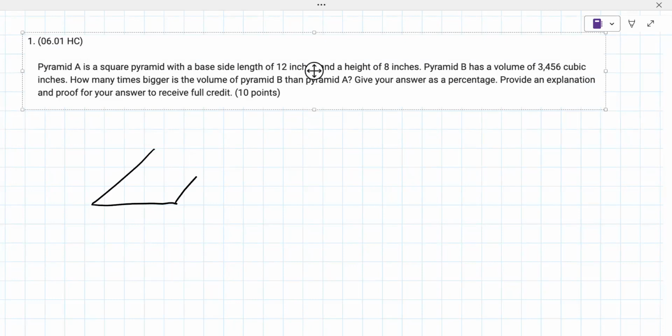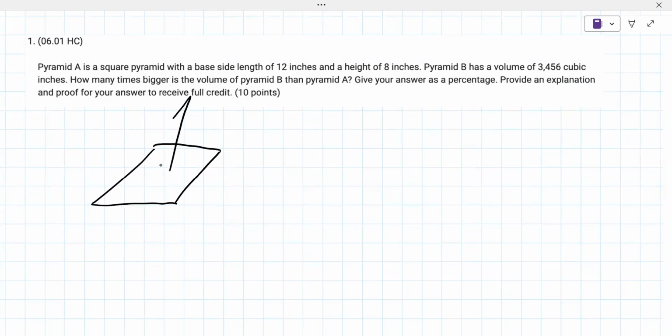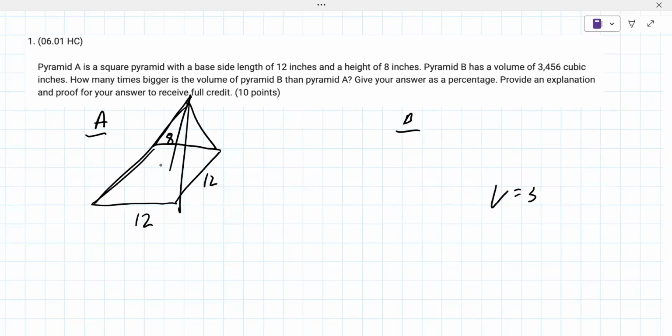Let's draw that. Base side length of 12, height of 8. This is A. Pyramid B has a volume of 3,456 inches cubed. How many times bigger is the volume of pyramid B than pyramid A? Give your answer as a percentage. Provide an explanation and proof for your answer to receive the correct.